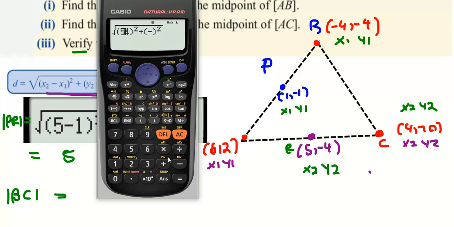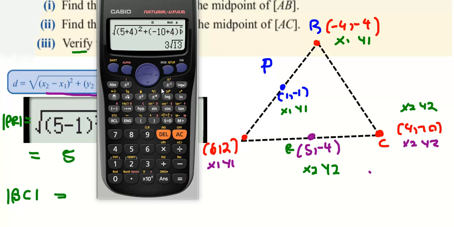That's a plus, isn't it? And then finally, what goes in the y2 position? Minus 10. And what goes in the y1 position? It would be a minus 4, but 2 minuses make a plus. So you can just change it to a plus.